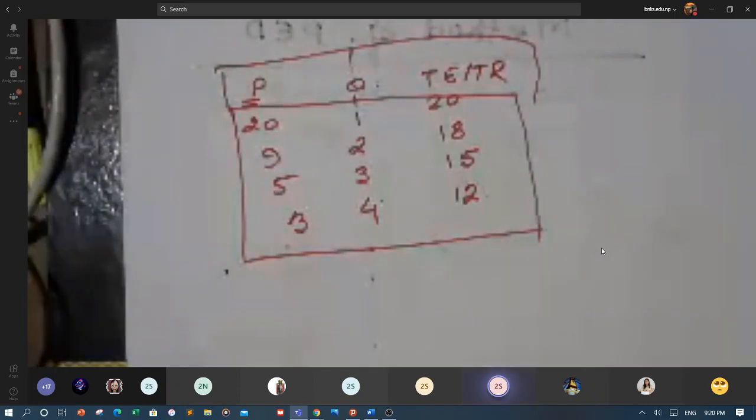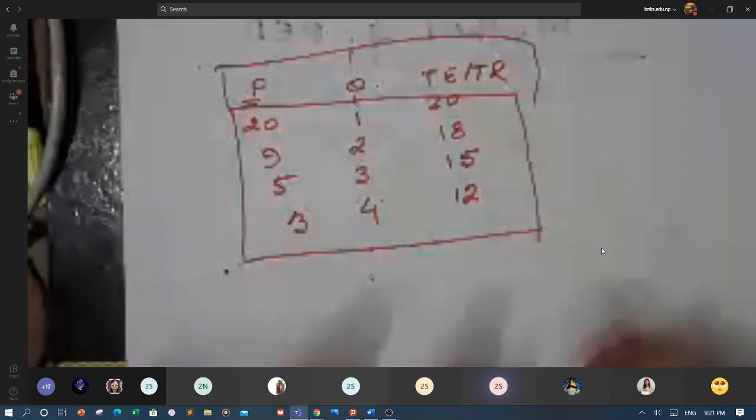Those goods whose total revenue increases with the decrease in price. Yes, sir. That's what I mean.